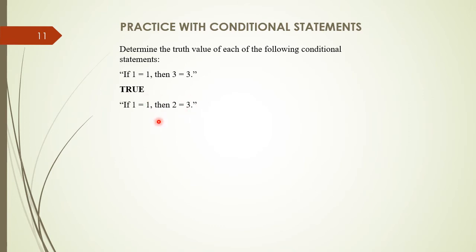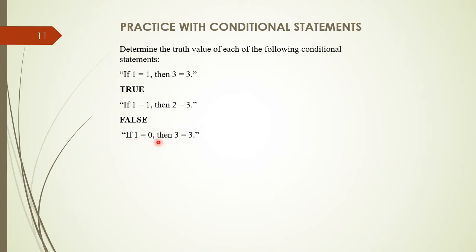Now what do you say about the truth value of this conditional statement? Yes, it is false because the truth value of its if part or antecedent part is true, but the truth value of its consequent part or then part is false. Therefore, the overall truth value is false.